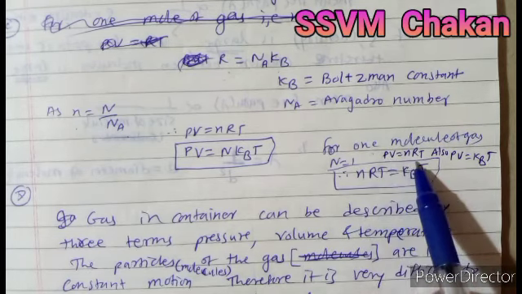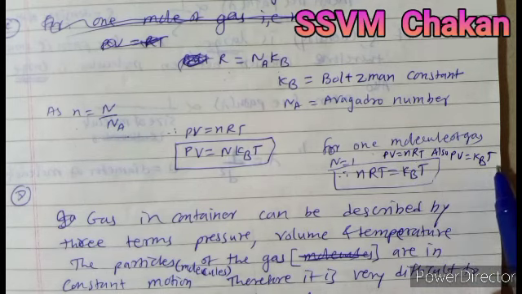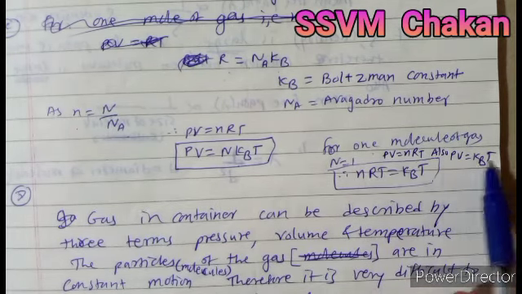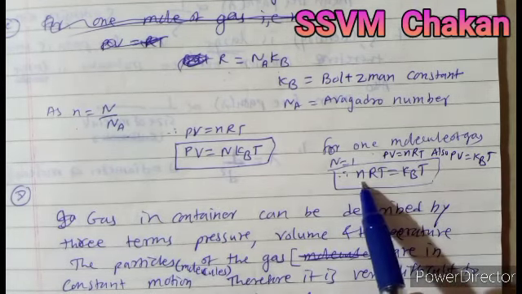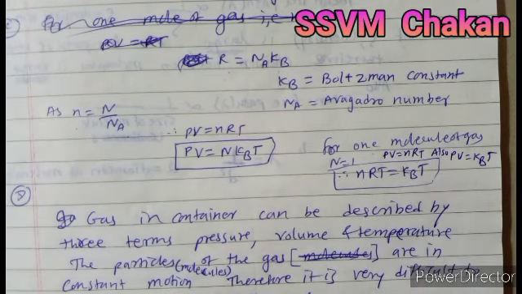As we know, PV is equal to nRT, and also PV is equal to Kb into T. Equating both equations, we get nRT is equal to Kb T.